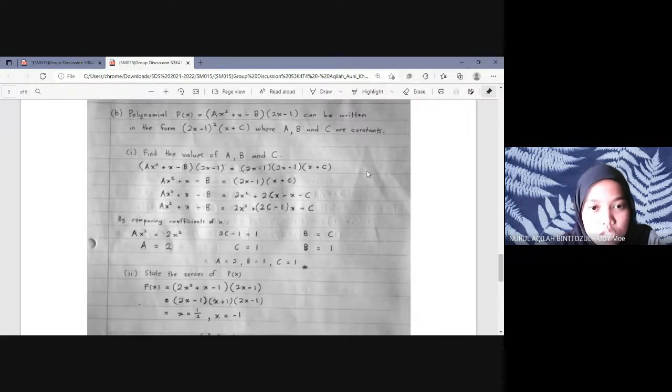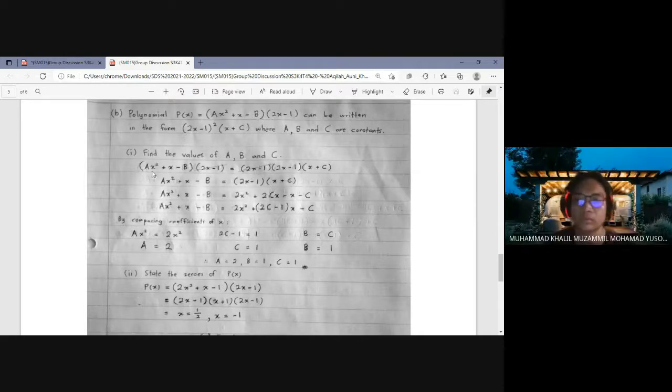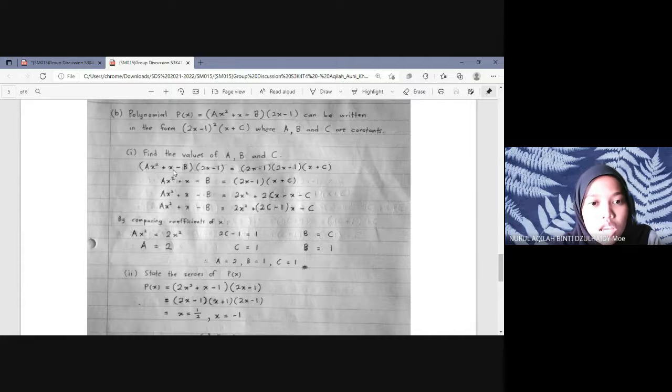For this question, I compared both of the equations, which is ax squared plus x minus b times 2x minus 1, with the second equation by writing 2x minus 1 times 2x minus 1 times x plus c.